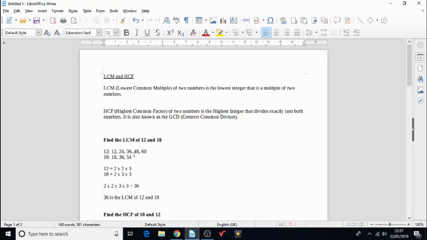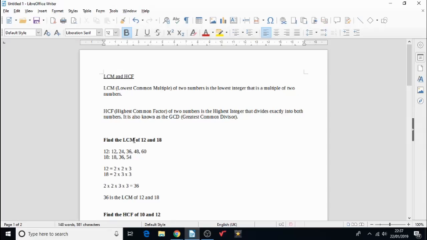Whatever way you want, you can do. It's preferred to do the second method, because if you're dealing with big numbers, you might not be able to work out the multiples of that number. Let's say, for example, it could be the lowest common multiple of 356 and 603.